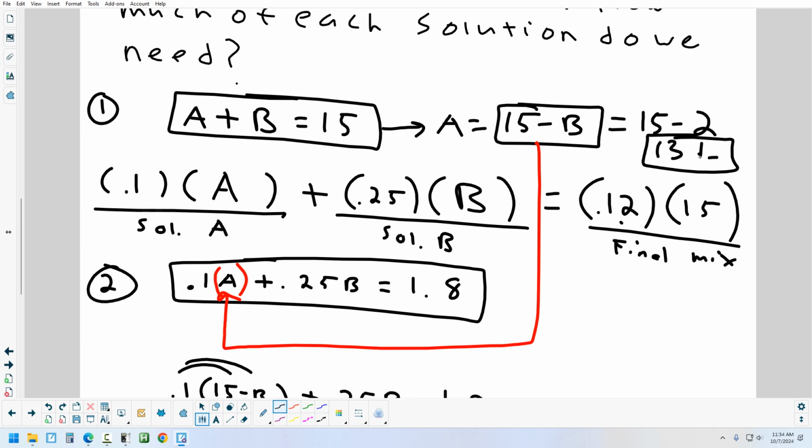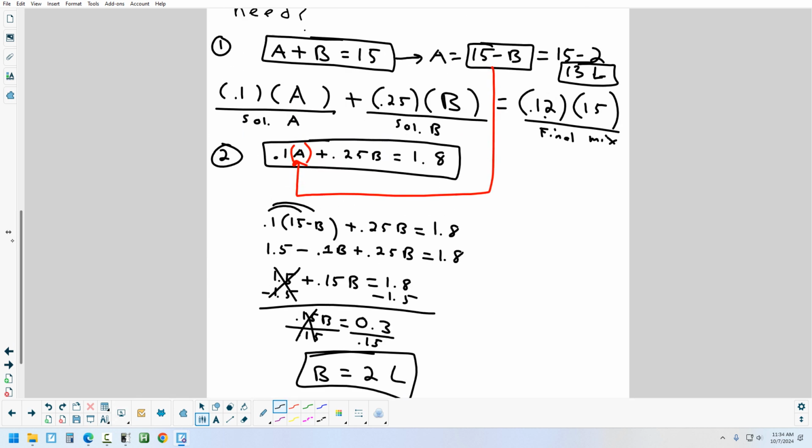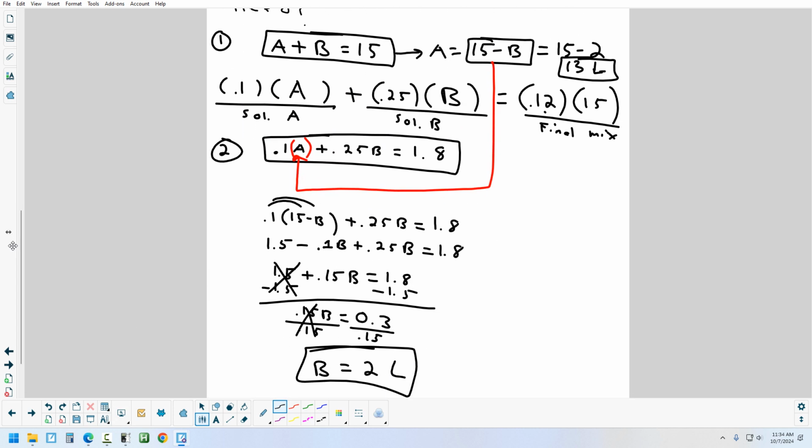So A is 13 liters. And that's pretty much how a mixture problem is every time. Those are the steps you need to do. Okay, any question on that? That was our final linear type of problem.